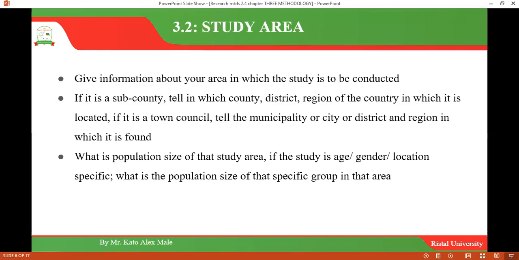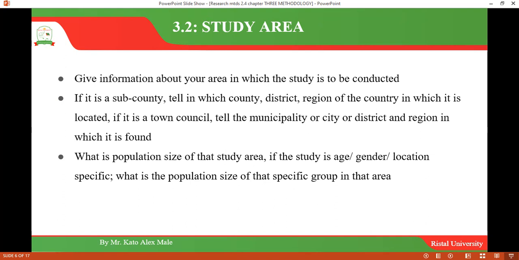So a study area as 3.2. Here we want you to give the information about your area in which the study is to be conducted. If it is a sub-county, tell in which county, in which district or region of the country it is located. If it is the town council, tell us the municipality, the city, the district or region.